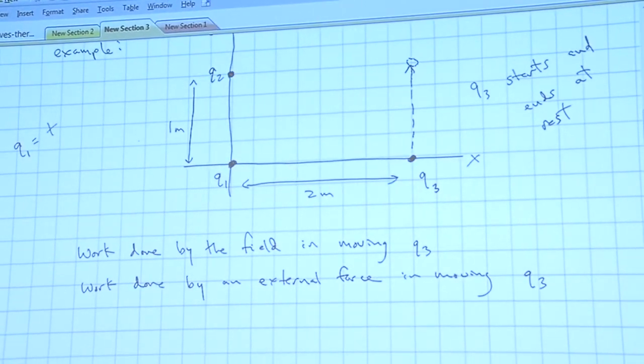Positive. Let's do this. Let's make it q1, 1 microcoulomb, q2, 2 microcoulombs, q3, 3 microcoulombs. And what sign should we have for q3? Let's make q3 negative.